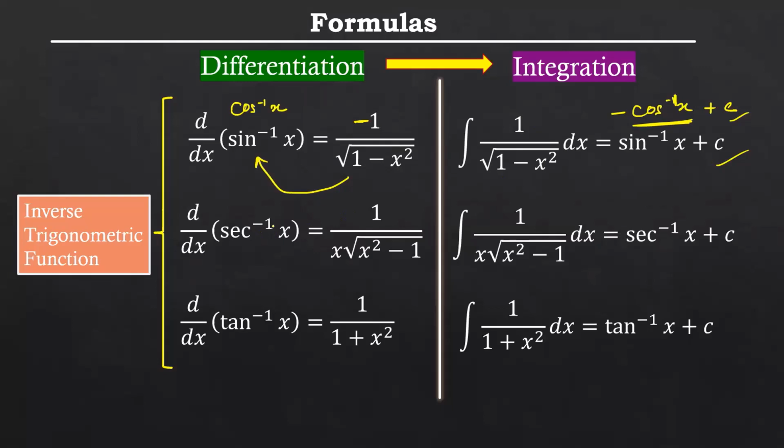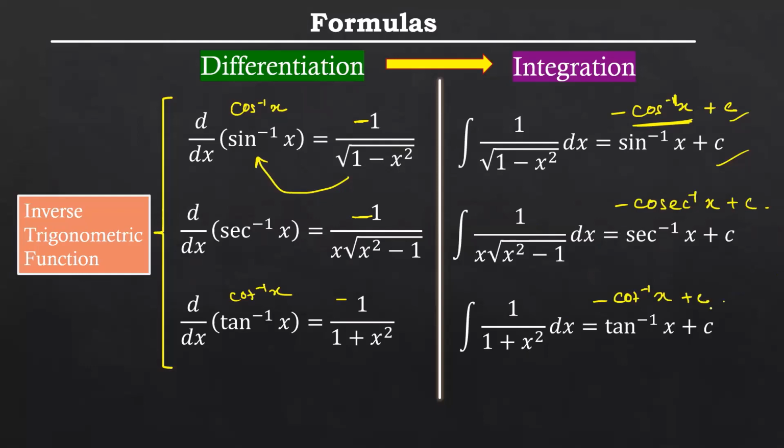Same case for the sec inverse x. For the sec inverse x, you have that, and if you take cosec inverse x here, actually you have a minus here. So this term can be expressed as minus of cosec inverse x plus c. And similar for the tan inverse x also. Tan inverse x will give that, and obviously cot inverse x will give the negative term, so this term can be expressed as minus of cot inverse x plus c.